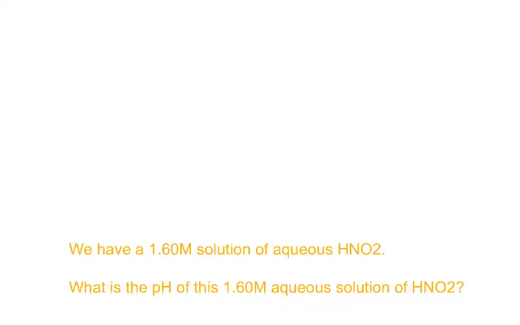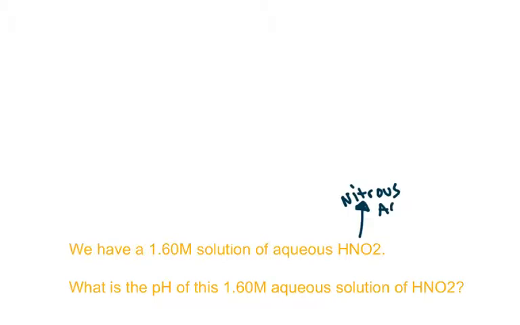So we have another question here like we had in the previous example, except we're working with a different weak acid. We have a 1.6 molar solution of aqueous nitrous acid. So let's go ahead and label this as nitrous acid.